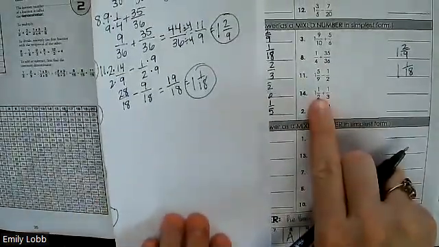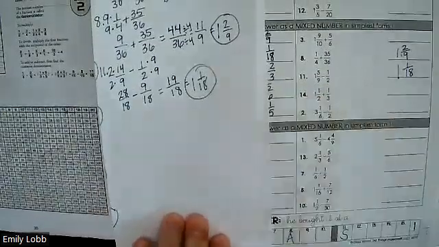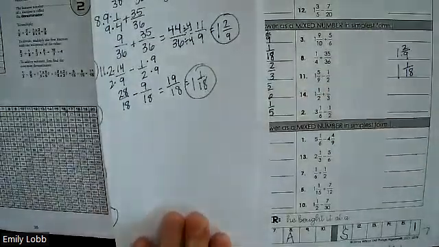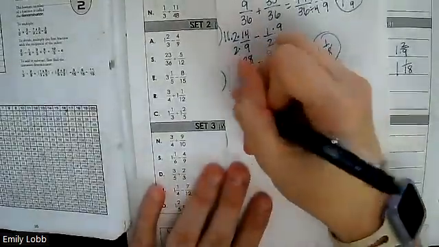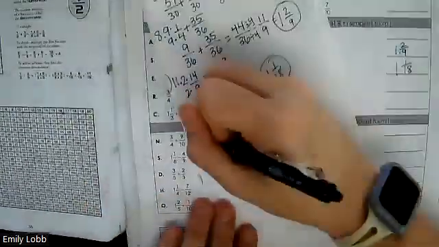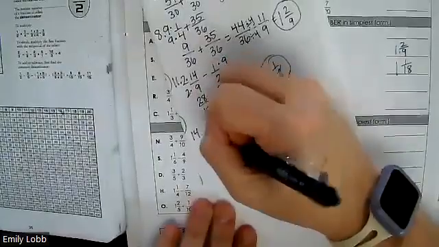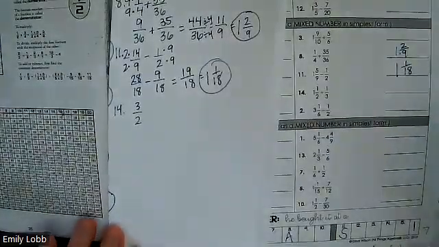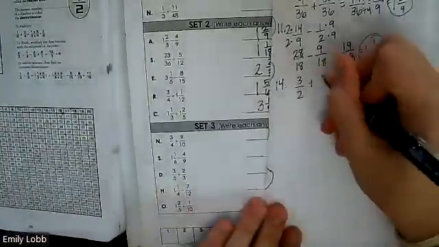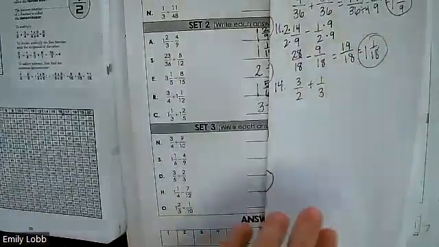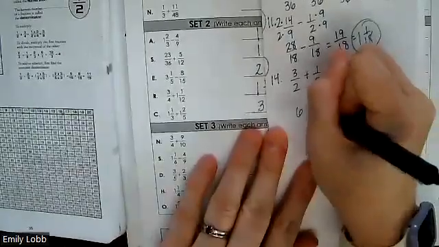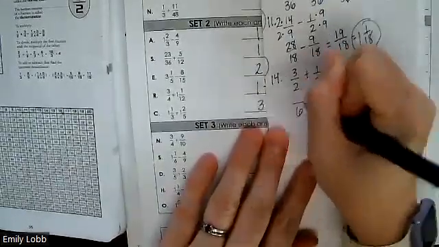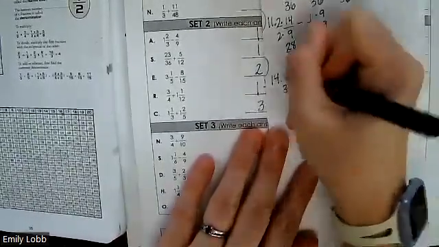1.5. 2 times 1 plus 1, 3. So I have 3 halves. 3 halves plus 1/3. What's 2 times 3? So we have to multiply the 2 by 3.